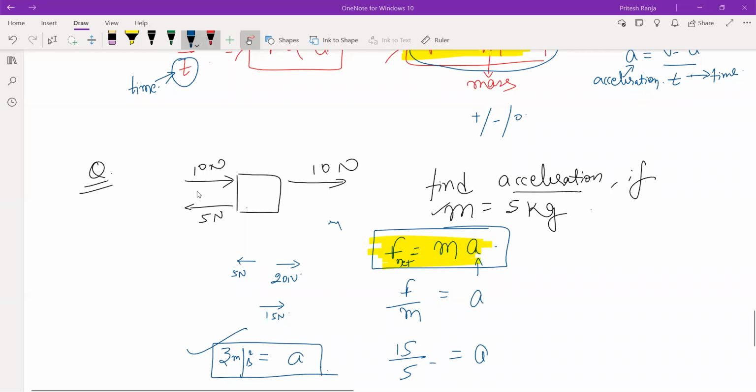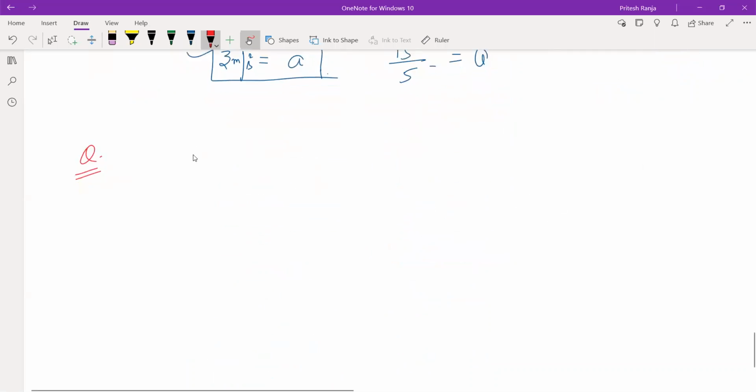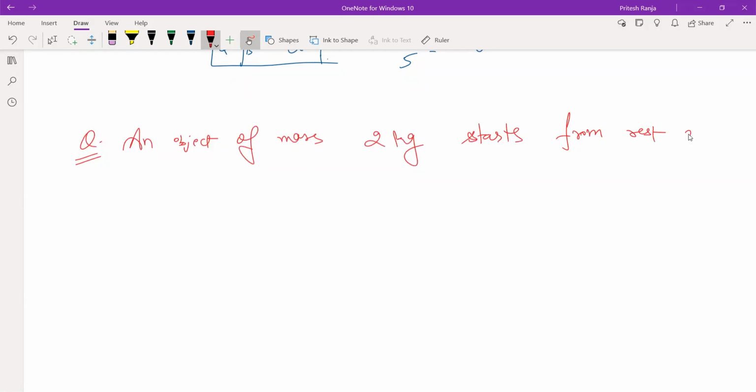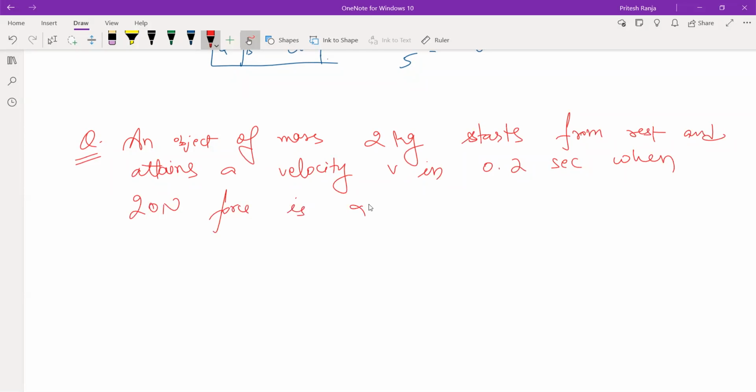Okay. Let us do one more. So an object of mass, let's say 2 kg, starts from rest and attains a velocity v in 0.2 seconds when 20 newtons force is applied. You are required to find v.